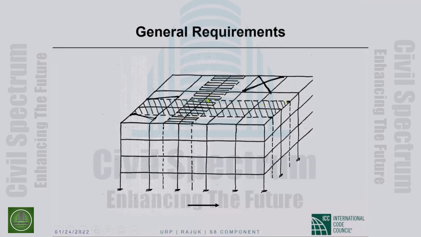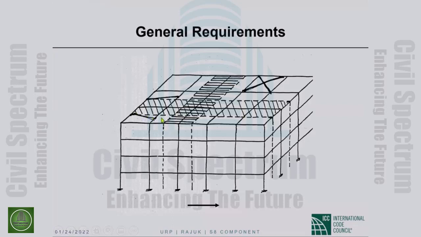And then we cut this portion out of the building for design of the slab strip running in the left to right direction. So this strip is taken from panel center line to panel center line, and that strip also is taken from panel center line to panel center line.